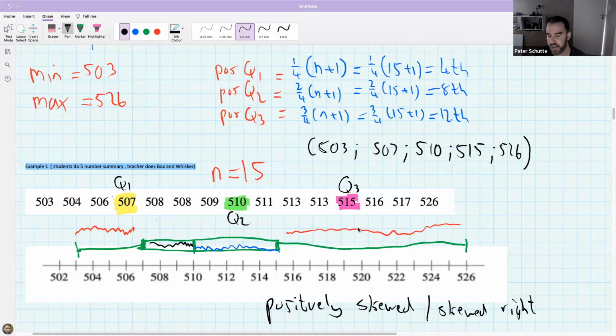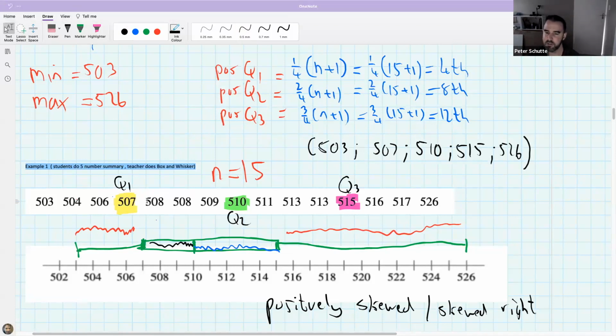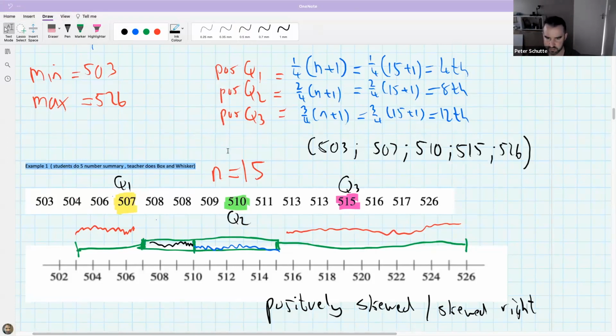If it's more spread out on the right-hand side, it's going to be positively skewed. And if it's more spread out on the left-hand side, it's going to be negatively skewed. Now, we're going to do a few more examples about that, but I just wanted to bring it up for the first time now, because sometimes they ask you to interpret the data, and skewness is one of the things that we'll learn about. But I'll do more in the next lesson.